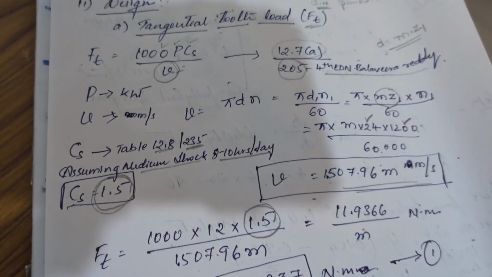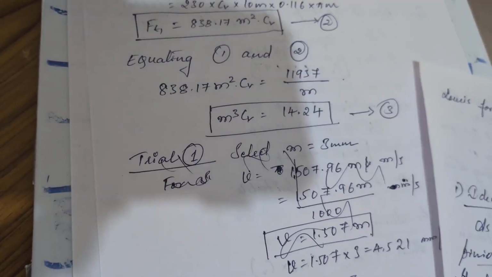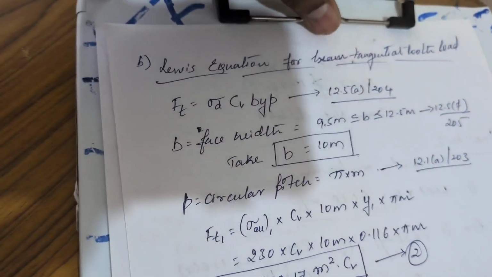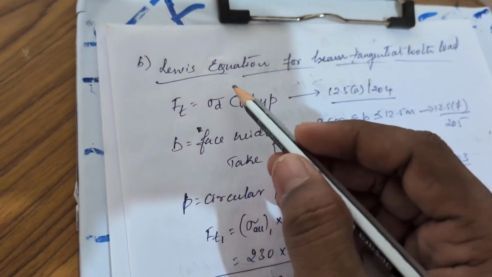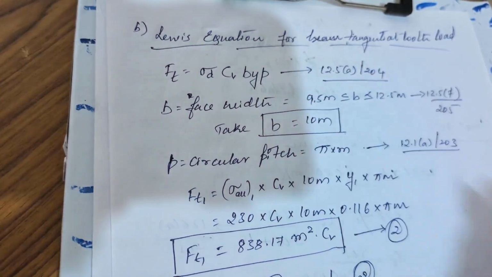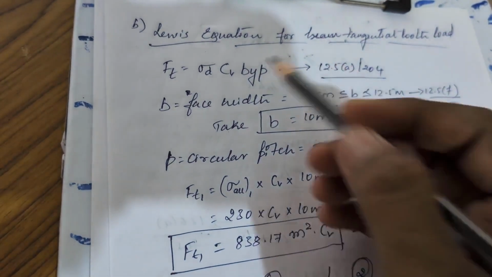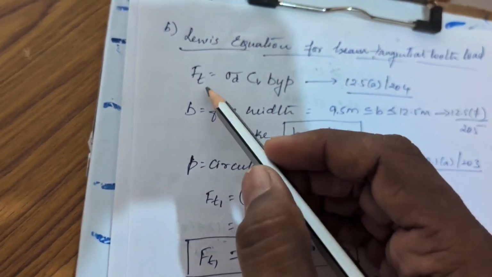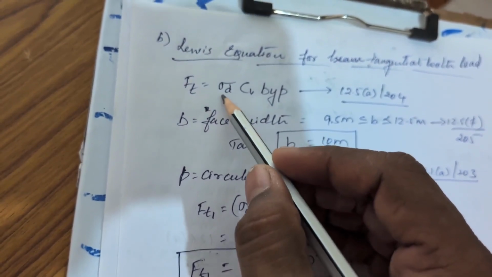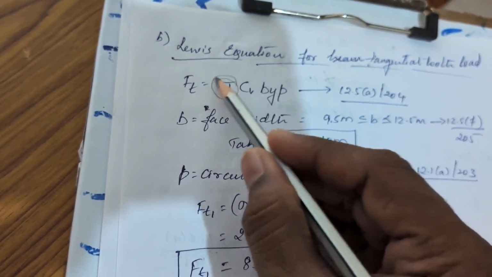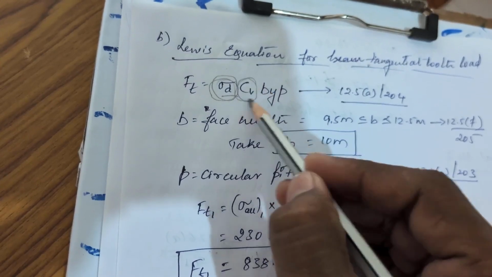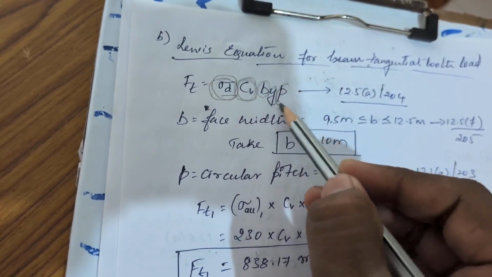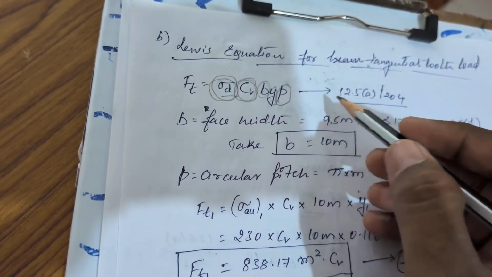After this, the next parameter: next I will be calculating the Lewis equation based on tangential tooth load. Here also I will be using the Ft equation, which is sigma d, that means design stress, Cv is the velocity factor, b is the face width, Y is the Lewis form factor, and p is the pitch.